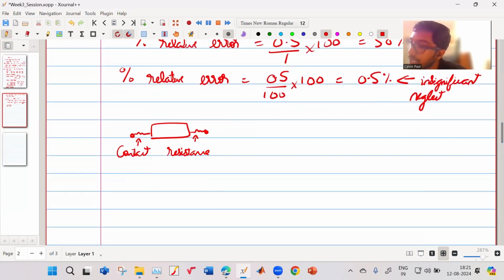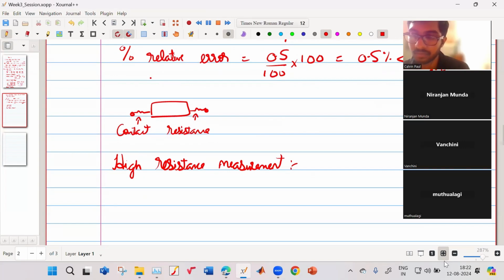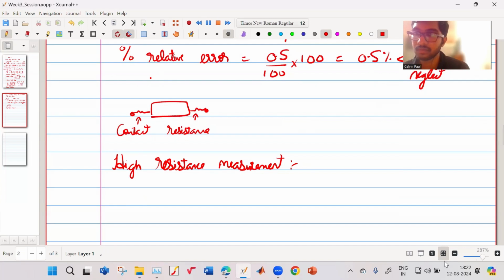So this is a problem when we do low resistance measurement. Now, when we have to do high resistance measurement, can anyone tell where we will come across high resistance, or where it is required?